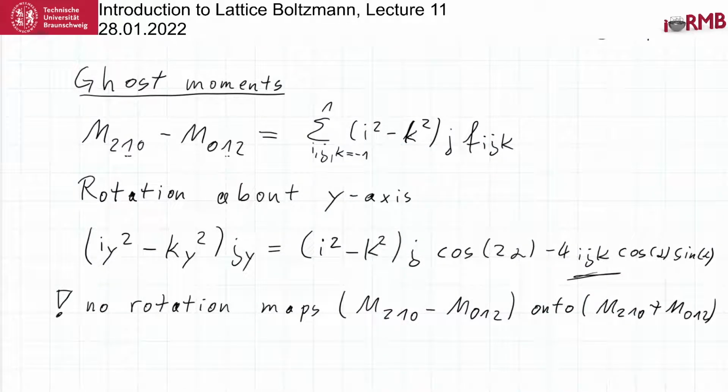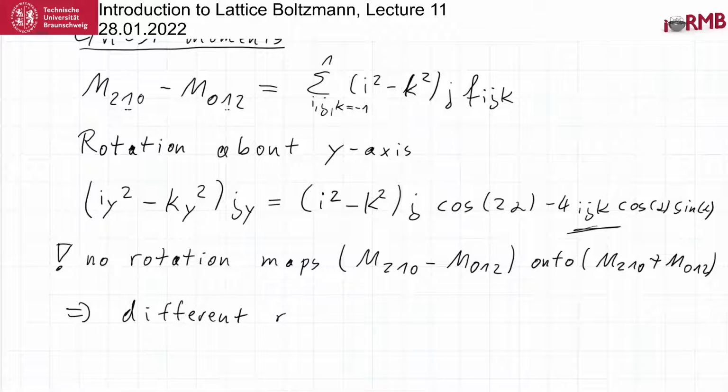So what does this mean? If M210 minus M012 never becomes M210 plus M012, then even though they look like they all belong to the same group, because they're all permutations of each other, they actually form two different groups that can relax with different relaxation rates.